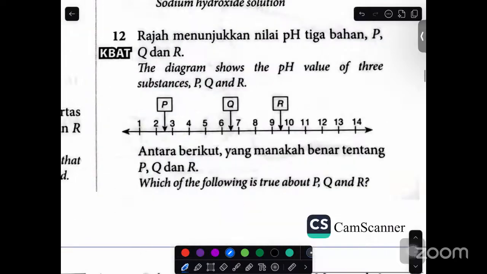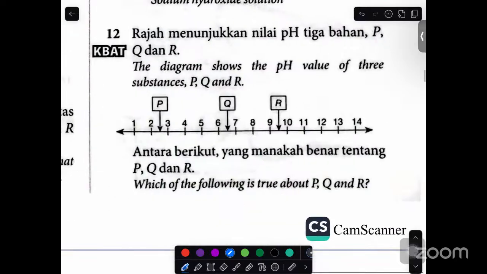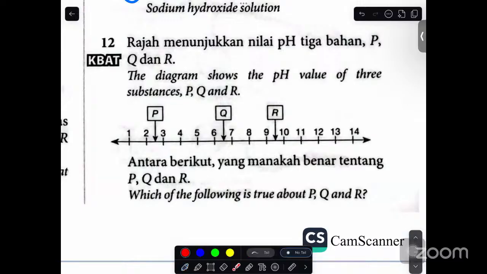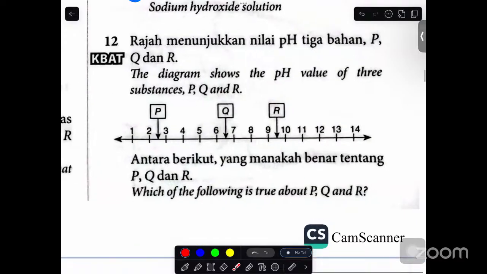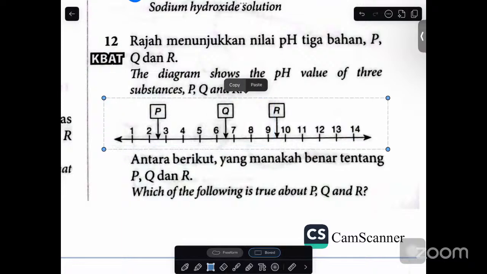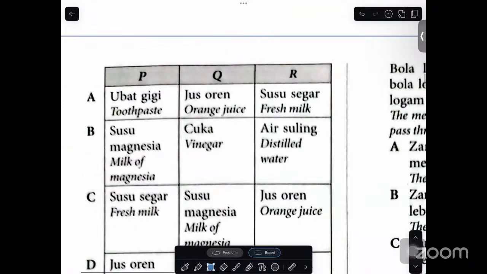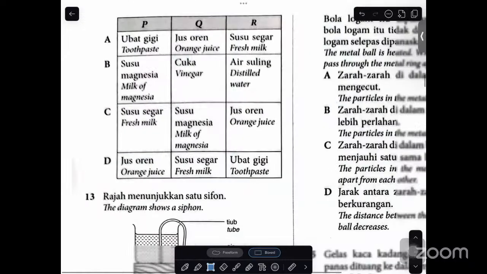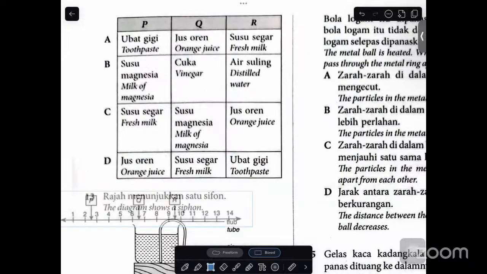Alright. Dekat sini pula. Okay. We have 3 nilai pH kat sini. P, Q dan R. Okay. Antara berikut yang manakah benar tentang P, Q and R? So, teacher will put it here. Okay. Cuba tengok dekat sini. Yang mana satu P, Q dan R?